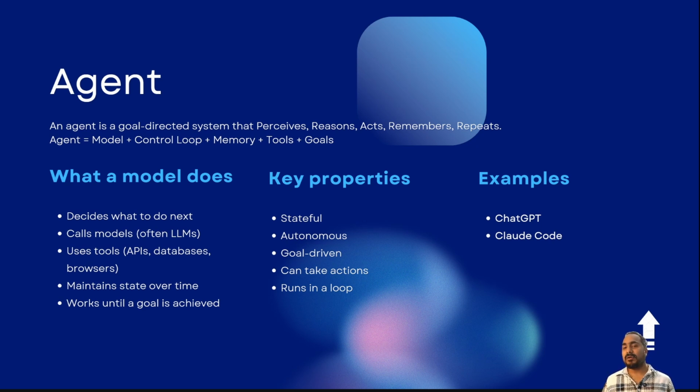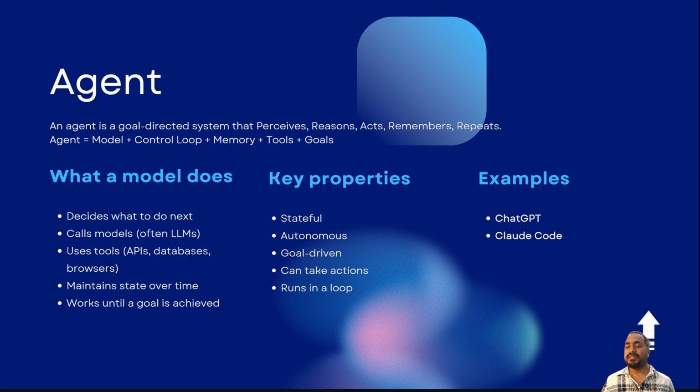This persists across interactions. Tools, capabilities to interact with the world, web browsing, code execution, API calls, file access, database queries, etc. Goals, the objective the agent is trying to achieve. Be explicit, like book me a flight to Paris, or implicit, be helpful.